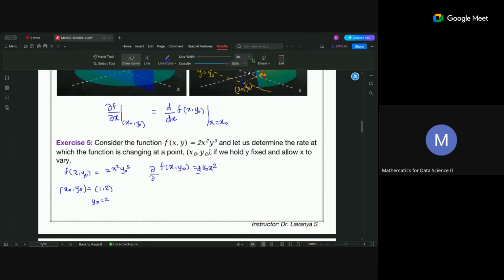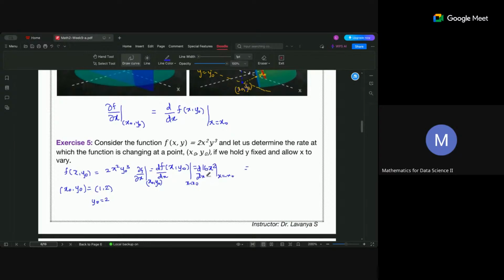Maybe I should write one more step here which is missing. So dou by dou x of f at x naught y naught is the same as df by dx at x equal to x naught.